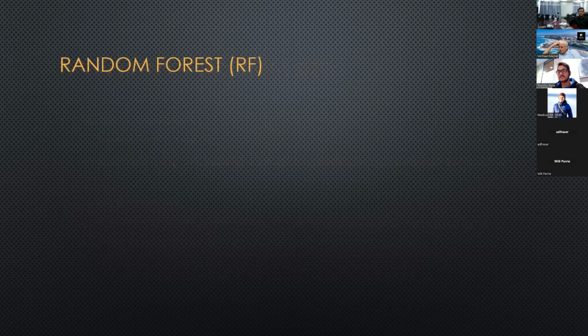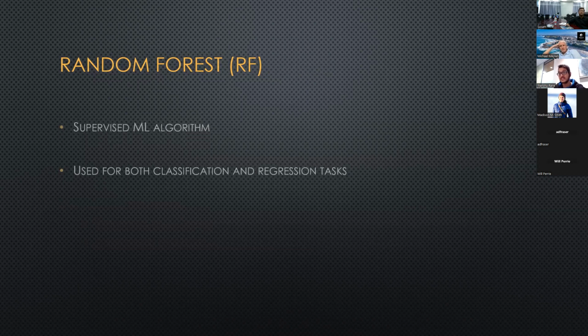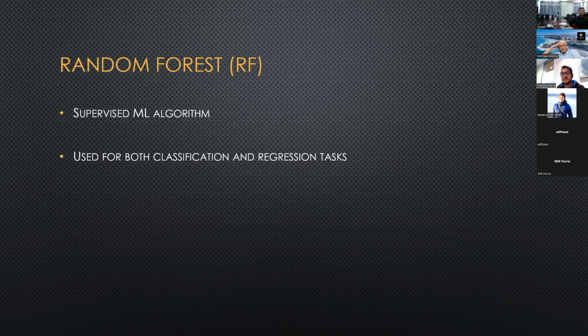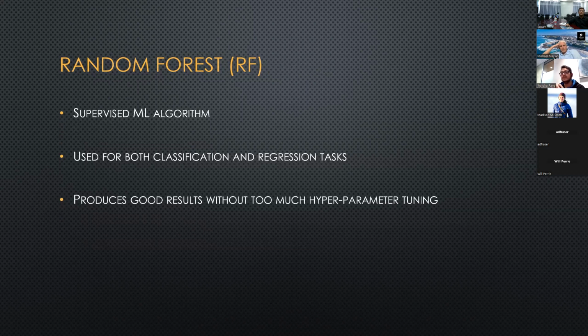So next, for this project, the machine learning algorithm we will be using for predictions is random forest, which is a supervised machine learning algorithm, and we will be using it for both classification and regression tasks. In machine learning, hyperparameters are parameters that control the learning process of the algorithm.